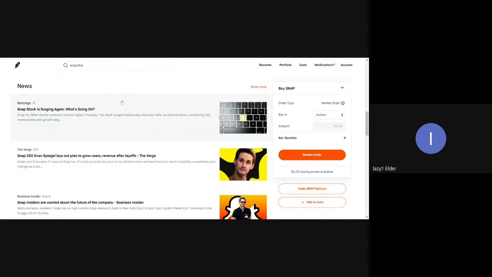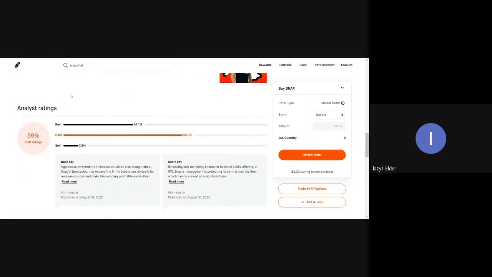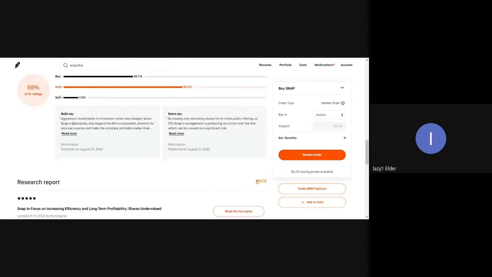And down here, if you scroll more, it'll tell you about news about Snap. And here are the analyst ratings. This is giving you more statistics about the company from an investor viewpoint.